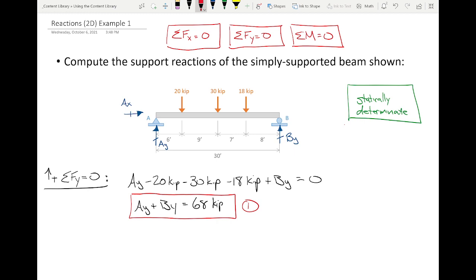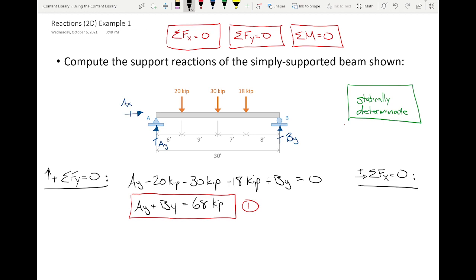Now, I dealt with sum of forces in the y direction. What about sum of forces in the x direction? Let's put that right here. And for the sake of discussion, let's take forces to the right as positive. What does the sum of forces in the x direction equals 0 tell me about this system? A sub x is 0. That's it.